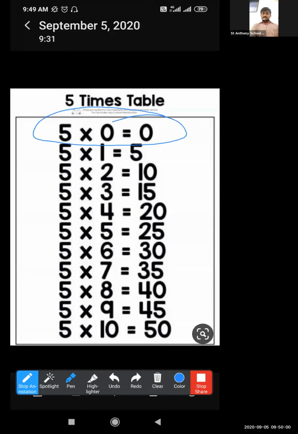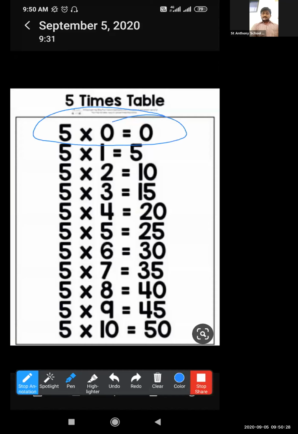You'll be reading it this way: number 1, 5 multiplied by 0, or second, 5 into 0. Getting my point? 5 multiplied by 0 and 5 into 0. This way we are reading multiplication sums.